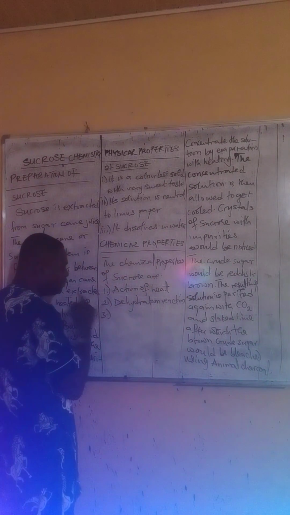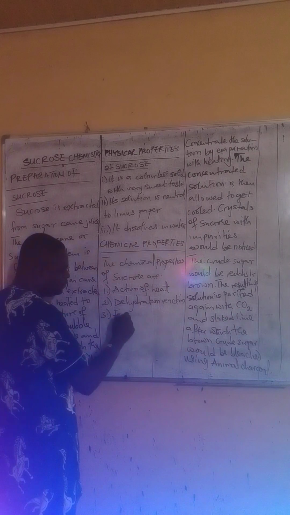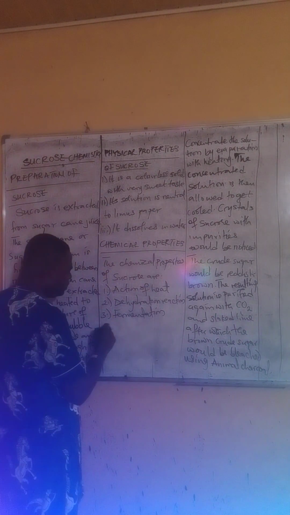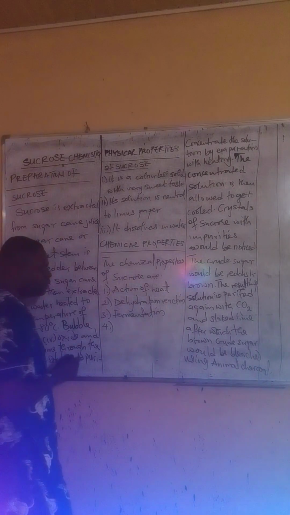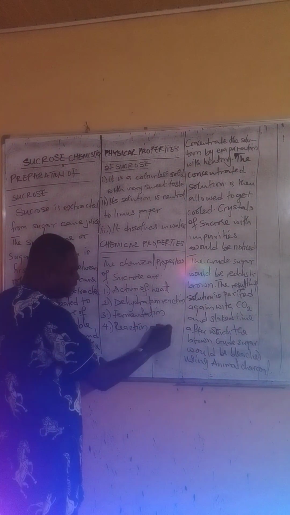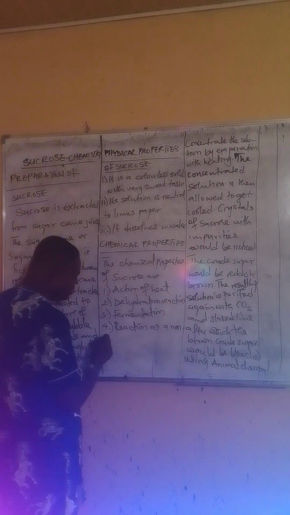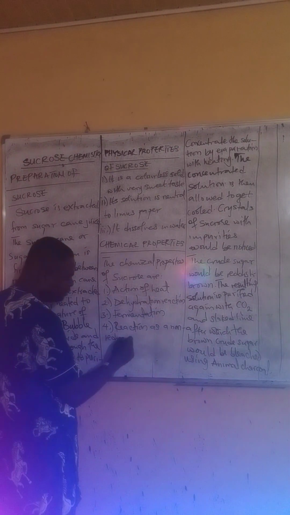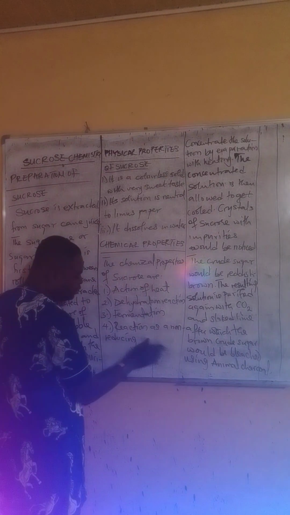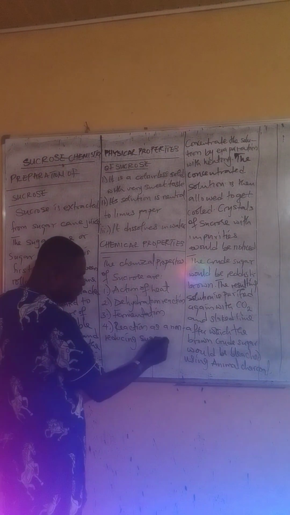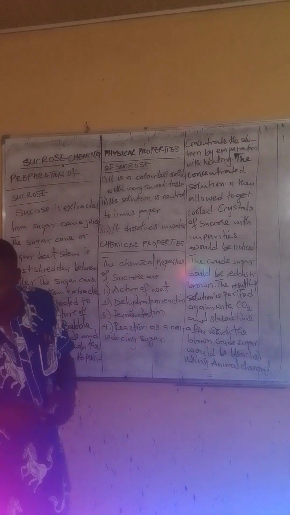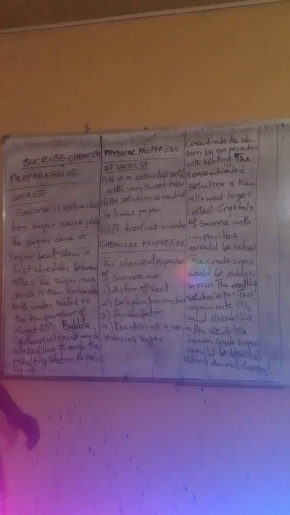Number three, fermentation. Number four, reaction as a non-reducing agent. It's a non-reducing sugar. Now let's take them one by one.